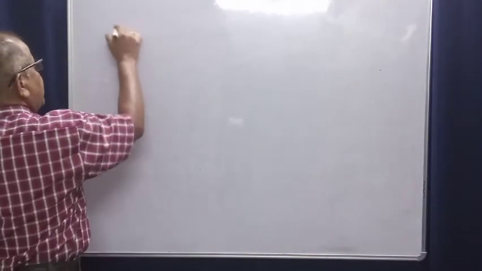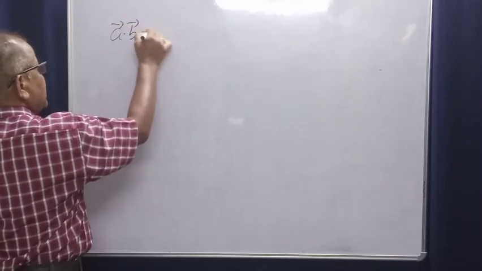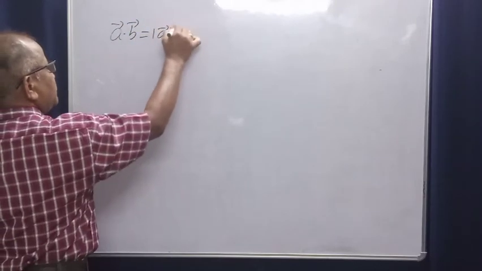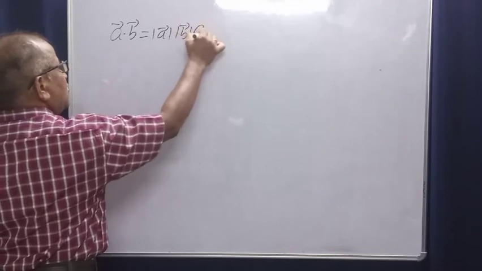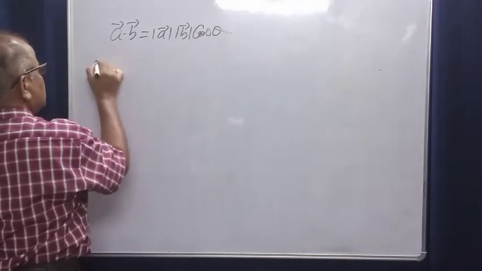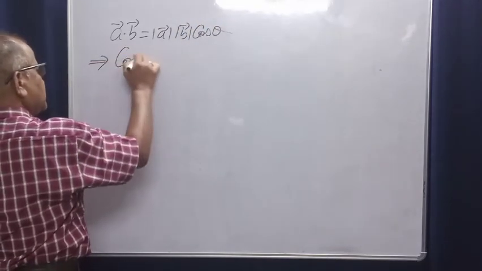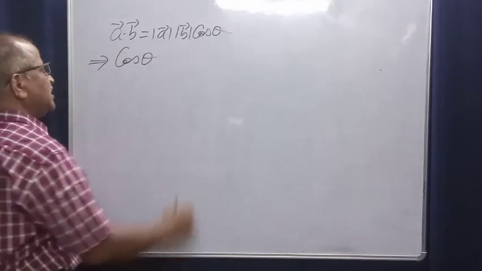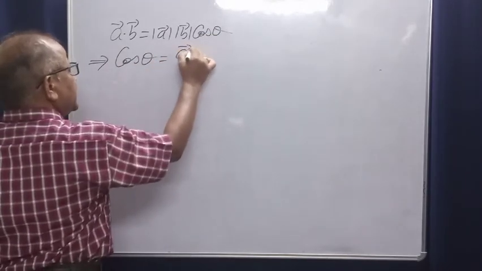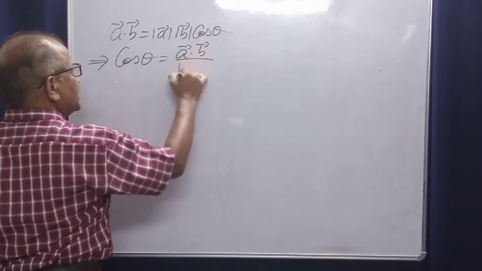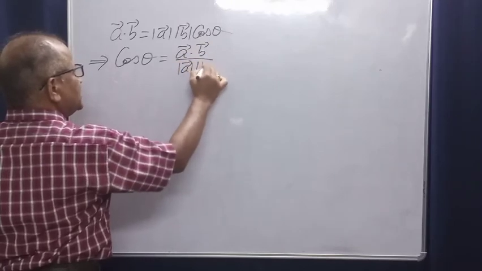You see, a dot b is equal to magnitude of a into magnitude of b cos theta. So from this we can find cos theta. It is a dot b by magnitude of a into magnitude of b.